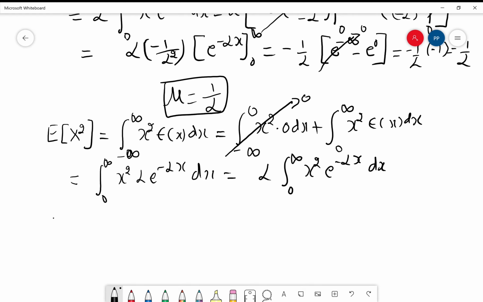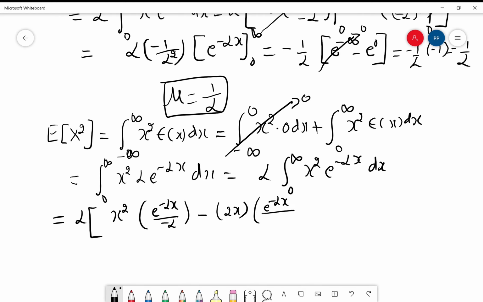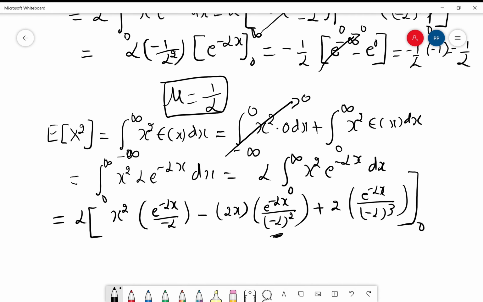Now, integrating this using the Bernoulli's rule, we get x square into e power minus alpha x by minus alpha, minus derivative of x square, which is 2x, into the integral of e power minus alpha x by minus alpha, which is e power minus alpha x by minus alpha whole square, plus derivative of 2x, which is 2, and the integral of this function, e power minus alpha x by minus alpha whole square, is e power minus alpha x by minus alpha whole cube.